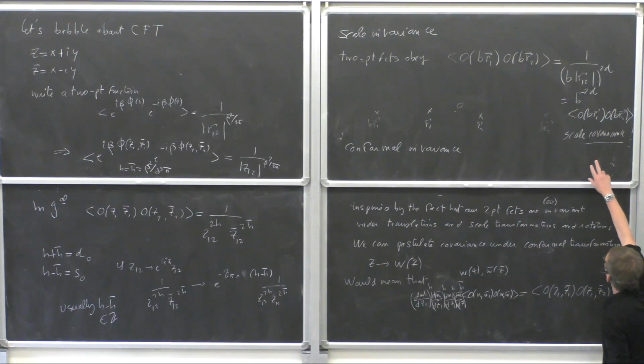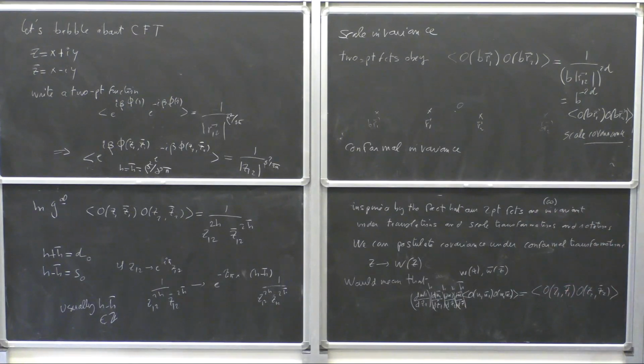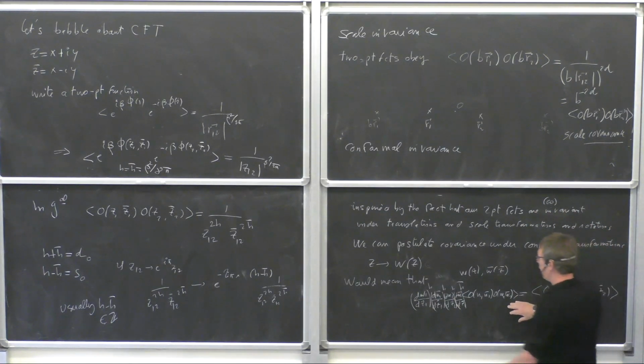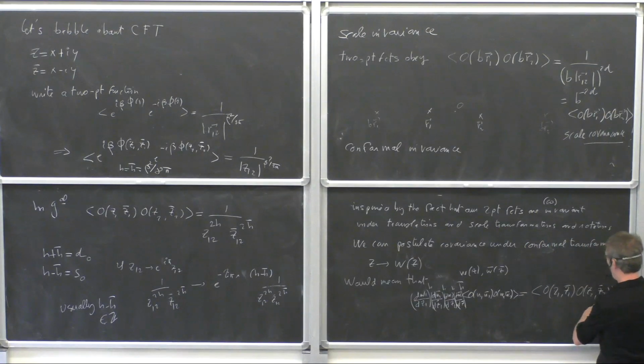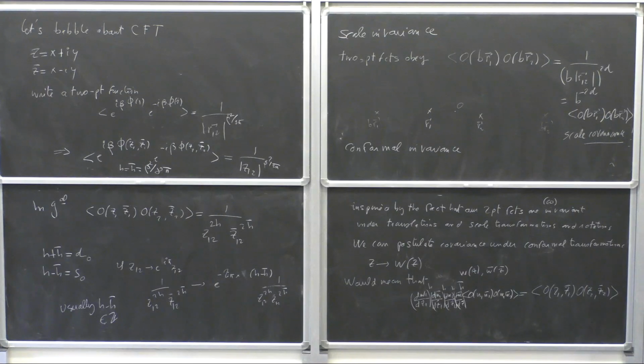The equivalent of W of BR becomes now W, and more generally what we are saying is that the correlation function of O of ZZ bar and O of WW bar should be related by something that generalizes this. Now what is this up there? This is just involving the factor b to the minus 2d, which is really, if I move it to the left side, b to the 2d, which is b to the 4h plus h bar.